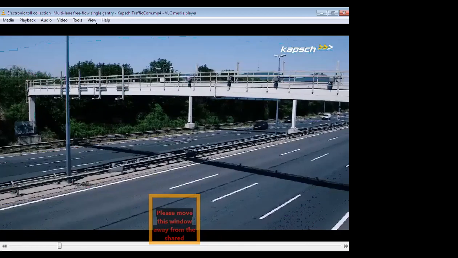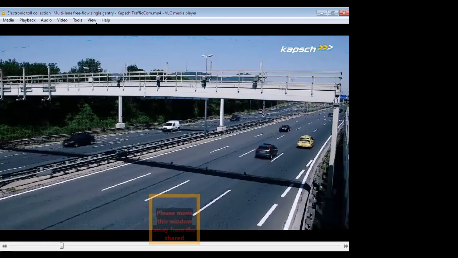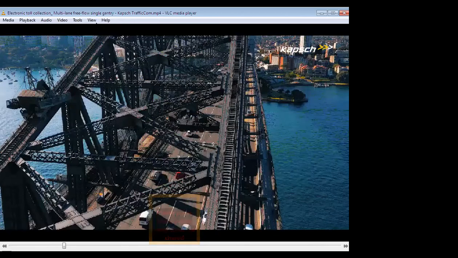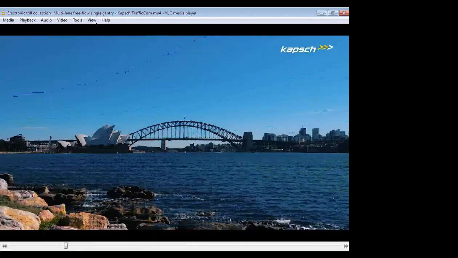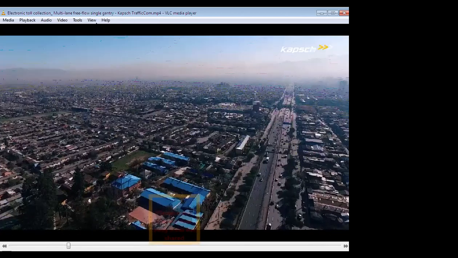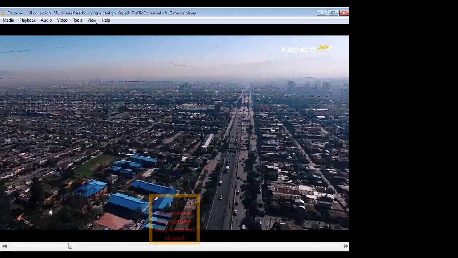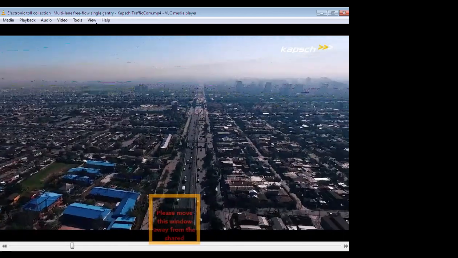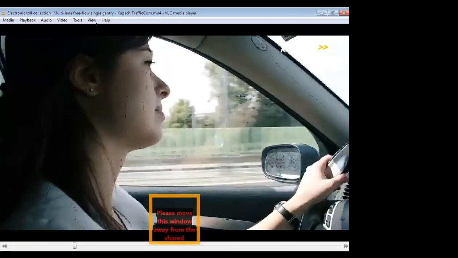Our single gantry configuration is now installed and in operation in multiple road installations, such as the Sydney Harbour Bridge toll system in Australia and the Autopista Central toll system in Santiago de Chile. We have delivered over 100 million tags for different communication standards.